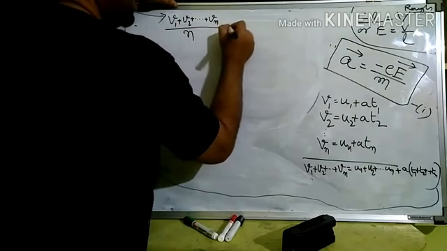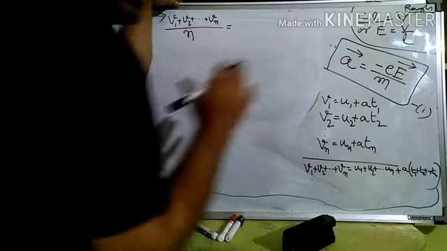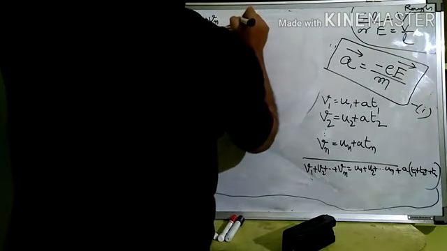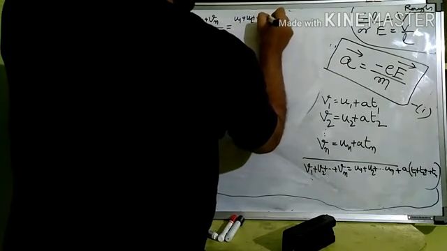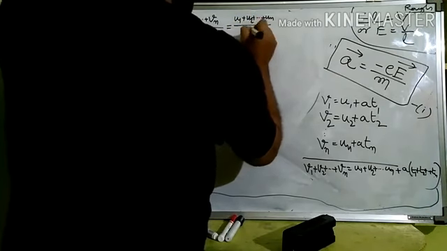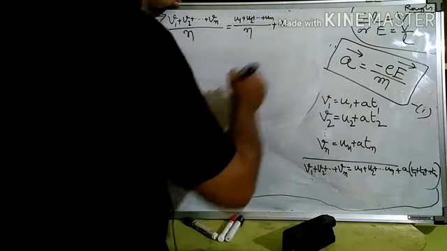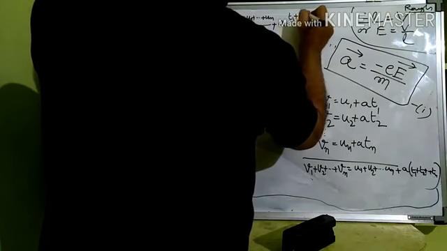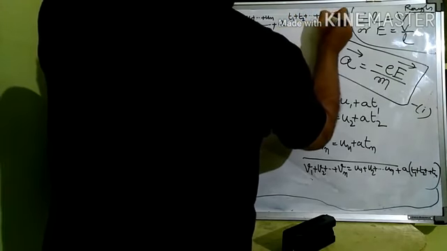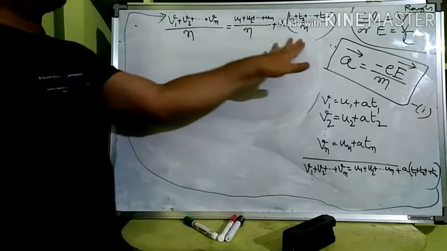This is what I did to the LHS, dividing by n. The entire RHS also I have to divide by n: U1 plus U2 plus till Un by n, plus A times T1 plus T2 plus till Tn by n. Till this it's clear or not?